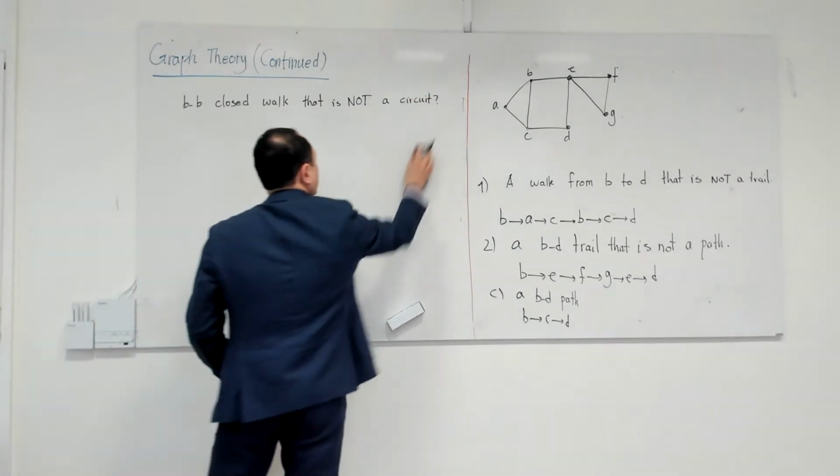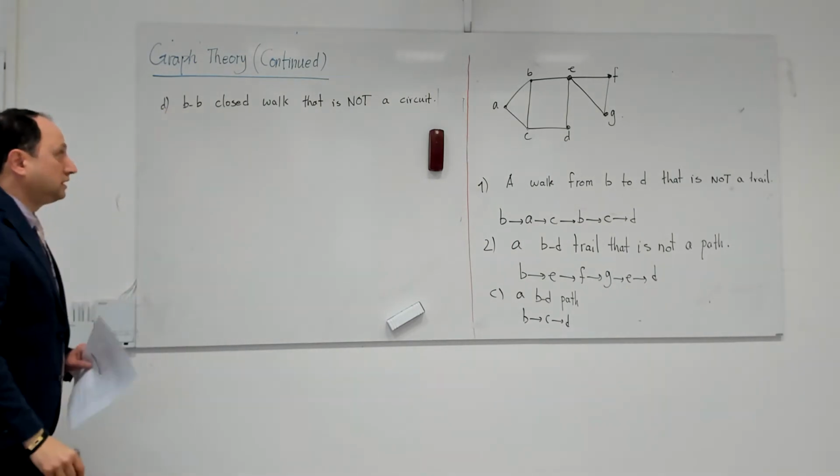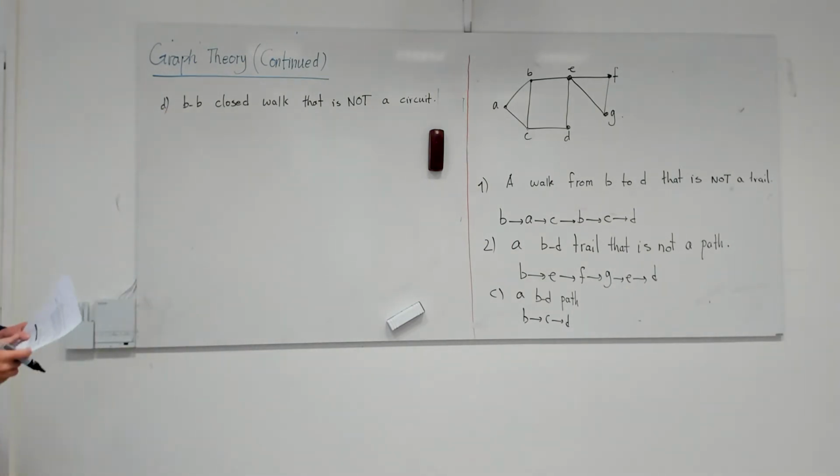Okay, so how should I do this one? Can you help me? I want to start from B to B. It's a closed walk. It's not a circuit.